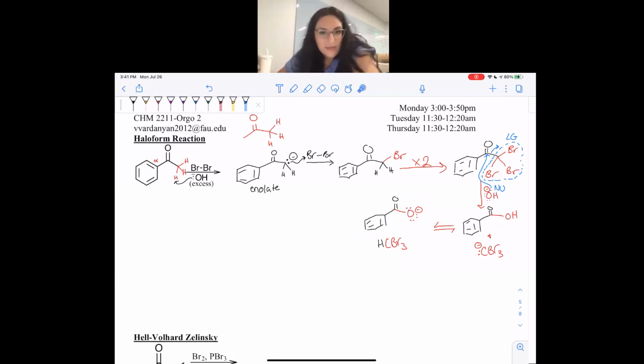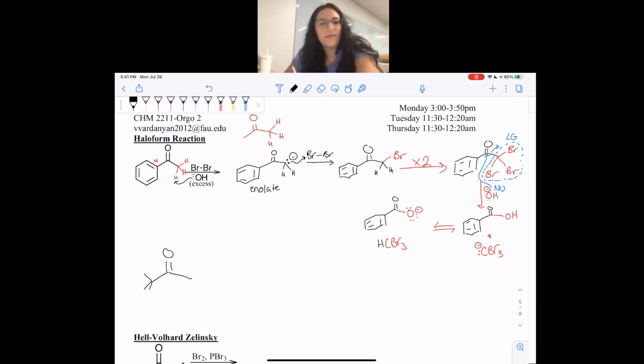I know this was an ugly one, but I want you guys to just think of it as 3 alpha hydrogens gives you this guy, and then you get a carboxylic acid. So I'll even give you a different one.